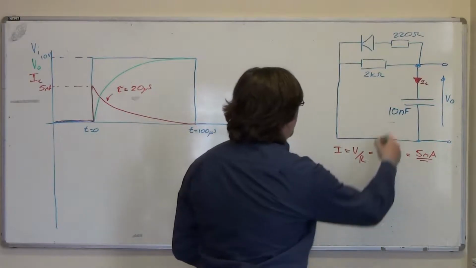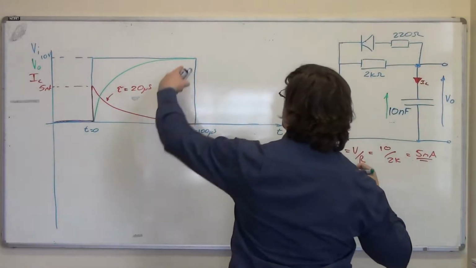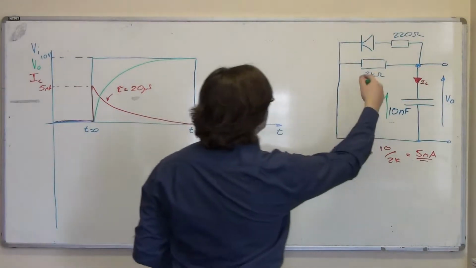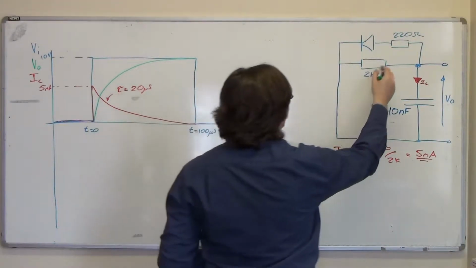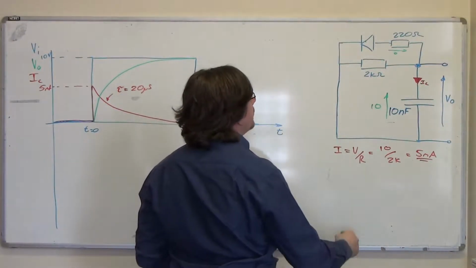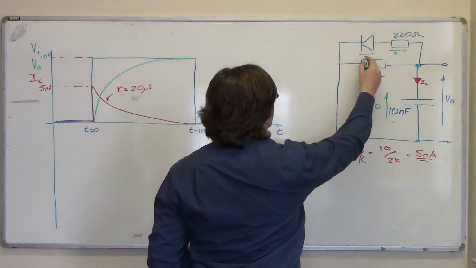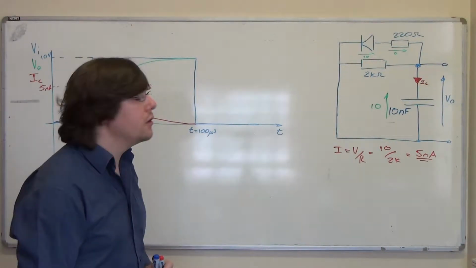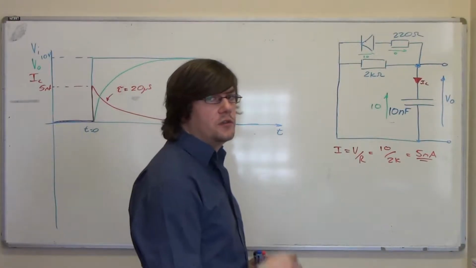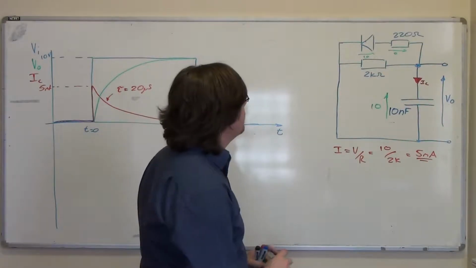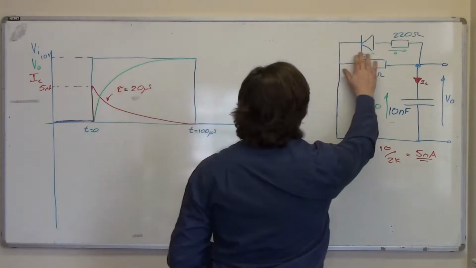Well, we've got 10 volts here because we're at this point now. So assuming the diode isn't conducting, we'll have nothing across there because there's no current flowing. So that means we'd have 10 volts across there, which is more than 0, because this diode is perfect, remember. So that switches on at 0 volts with no internal resistance. So that 10 is more than 0, so yes, the diode will be conducting.